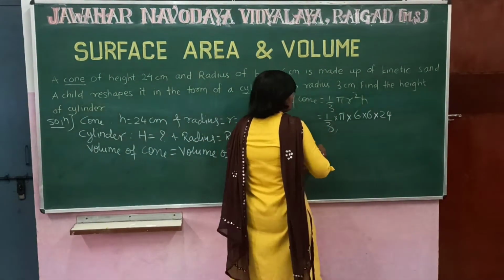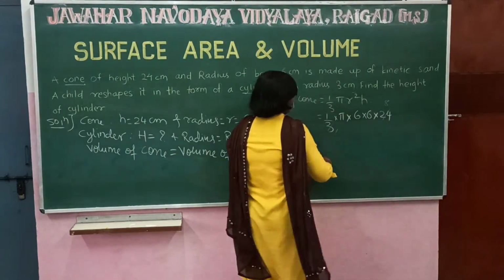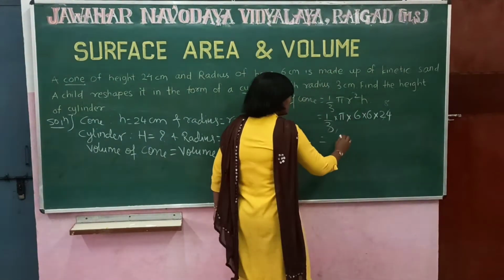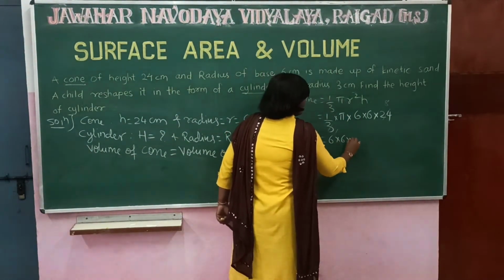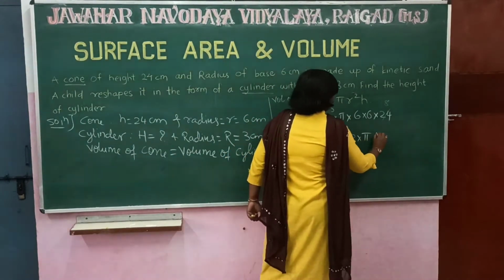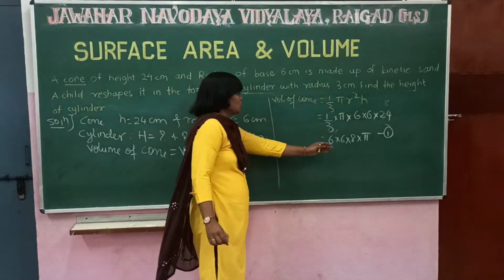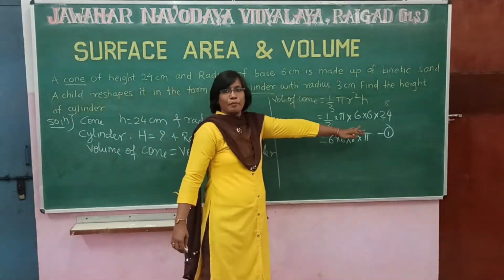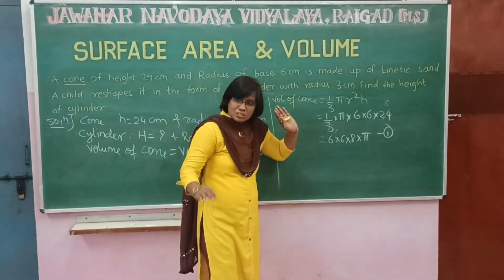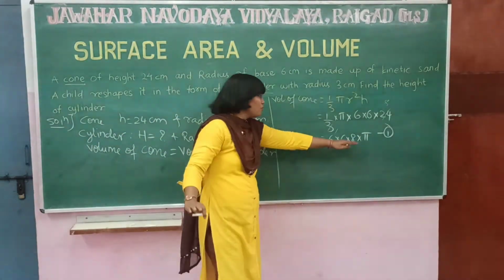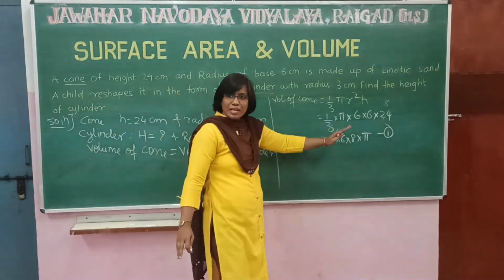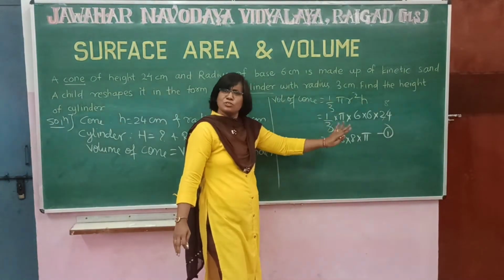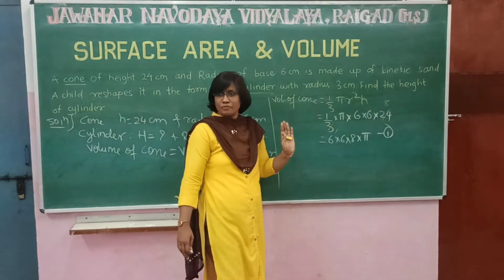This 3 ones are, I will write it as it is because I know it will get cancelled. So the volume of cone I got as 6 into 6 into 8 into pi. It's perfectly fine if you multiply and write it, but why am I keeping it like this? Because afterwards it is going to get cancelled. Why unnecessarily waste time?